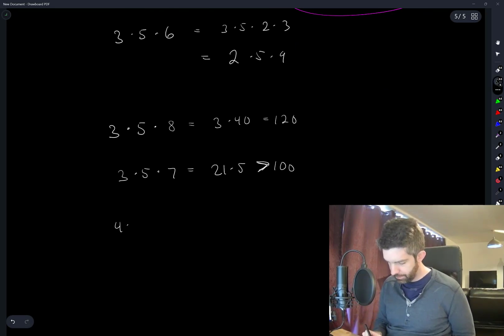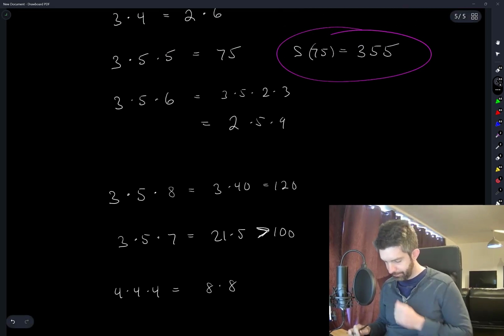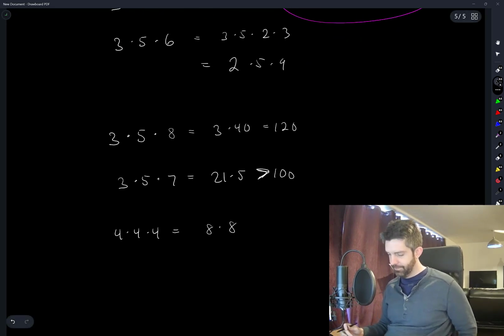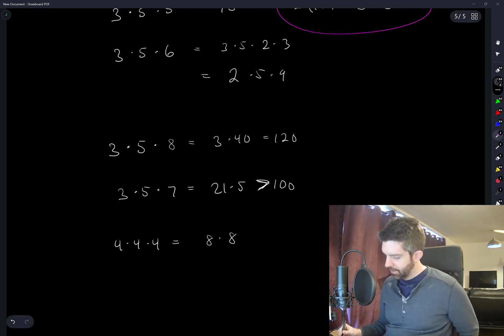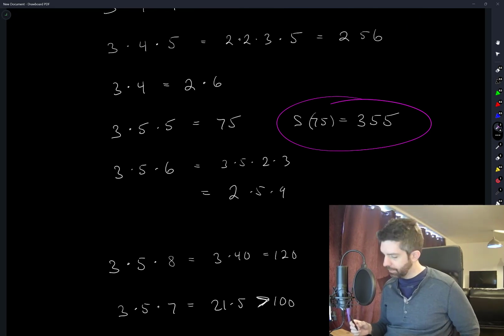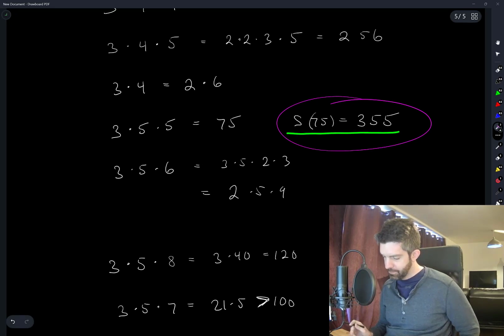Okay, hold on. What about 4 times 4 times 4? No, because that's the same as 8 times 8. Yeah, at this point, I may as well just compute every single one of these numbers, but 355.